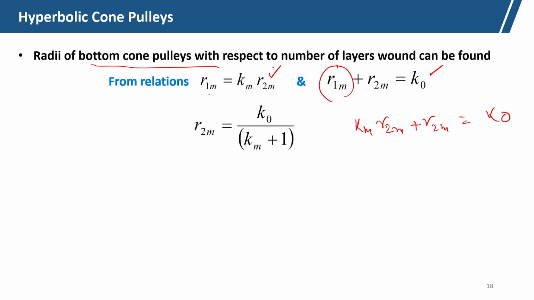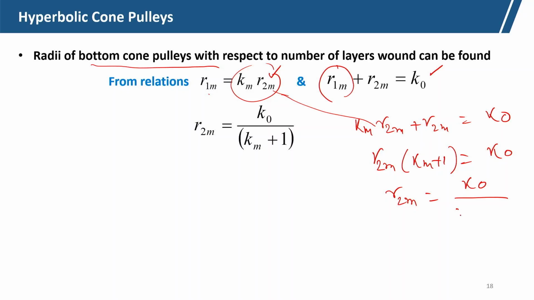So, R2m times Km plus 1 equals K0, so R2m equals K0 by Km plus 1.